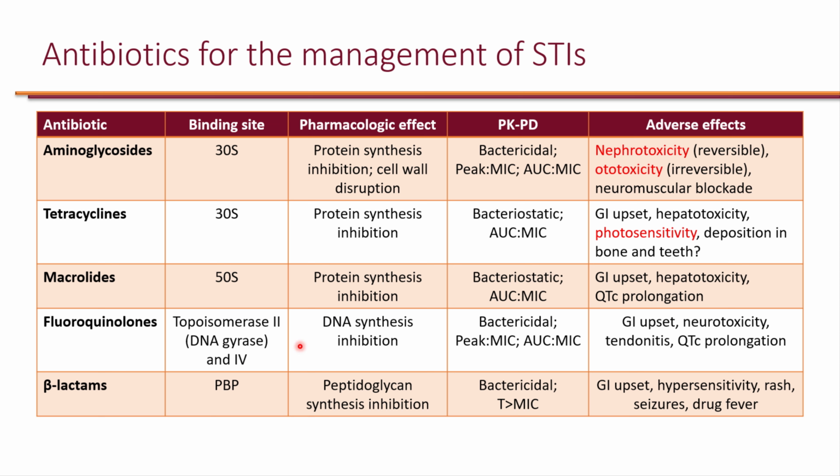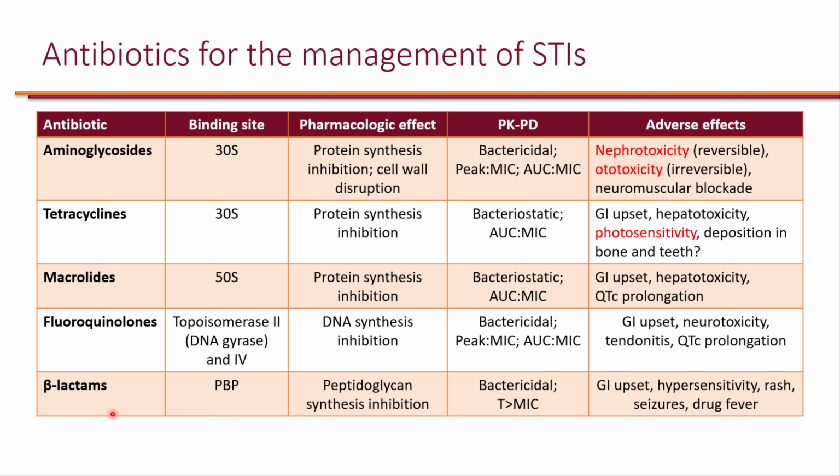QTc prolongation is a concern, along with a bunch of other things, among which are tendinitis, neurotoxicity, and not to forget all the black box warnings for fluoroquinolones. And fluoroquinolones work differently in that they bind to topoisomerase 2, which is DNA gyrase, and essentially prevent replication of DNA.